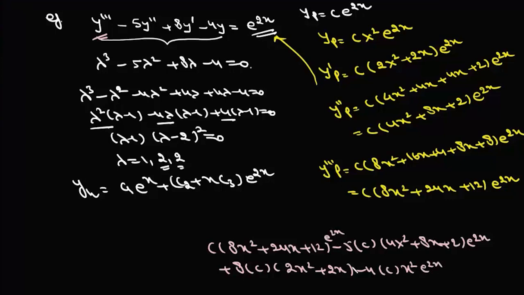Here also we'll have e to the power 2x, and this is equal to e to the power 2x. Now we can cancel e to the power 2x.